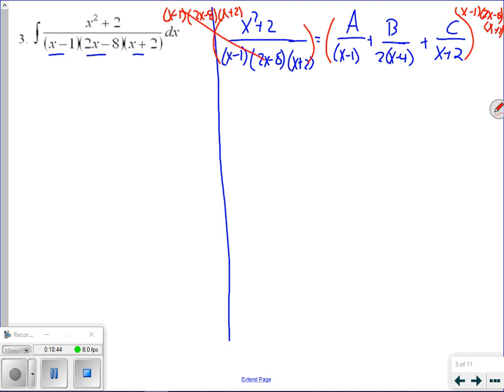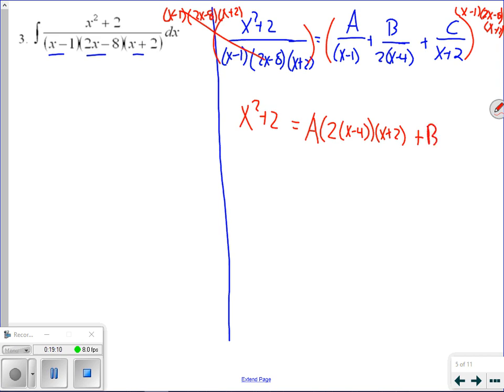So these all cancel out. I'm left with x squared plus 2 on the left. And with the A term, I have everything but the x minus 1. So I have the 2x minus 4, and the other term would be the x plus 2. With the B term, the 2x minus 4 cancels.